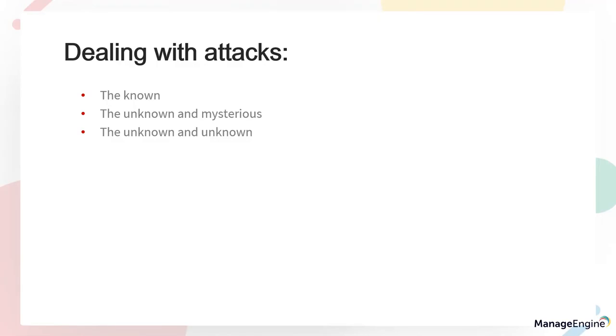Then comes the second category, which is the unknown and mysterious: native tool abuse, PowerShell attacks, password spray attacks, hybrid Active Directory, Office 365 mailbox breaches. This is the unknown and mysterious, because all these days, Microsoft has been asking people to learn PowerShell, and PowerShell is the most common tool to play with hybrid Active Directory.